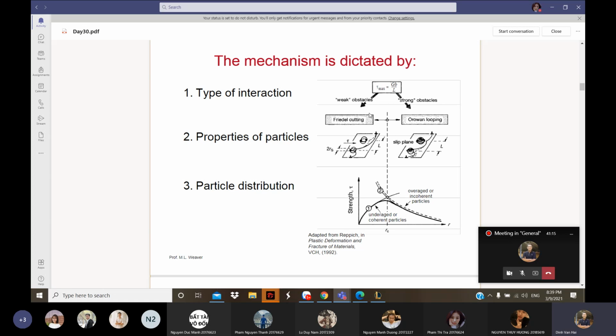Like here they point out three types of precipitation. Small particles are generally coherent with the matrix, intermediate particles are often semi-coherent with the matrix, and large particles are generally incoherent with the matrix.